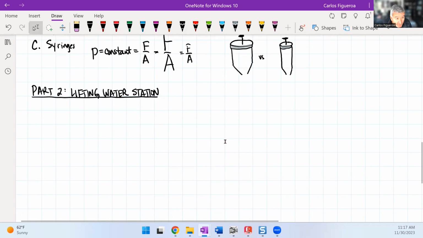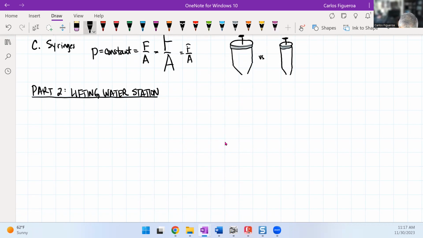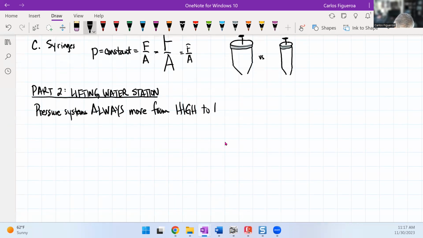One of the things that you need to think about when we start talking about pressure is that pressure systems always move from high to low pressure regions. So there's a couple ways that you can think about this.